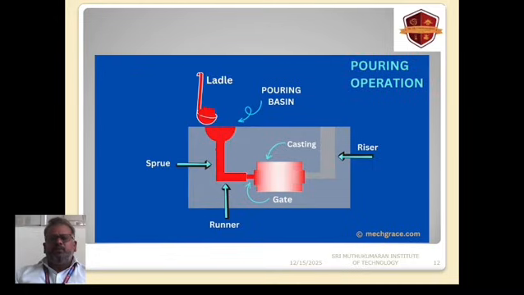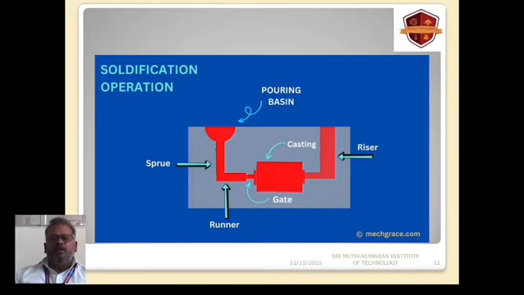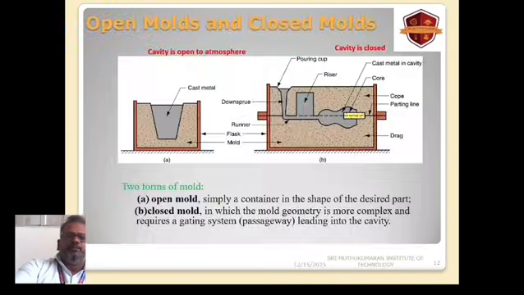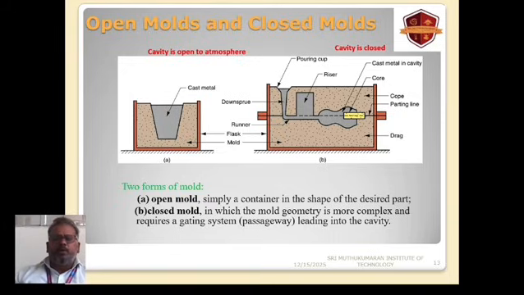Once it is filled, it goes to the riser part. Once it comes to the riser, we stop pouring the molten metal. After that we need to give some time for cooling. After solidification takes place, we remove the part that is produced, by breaking the sand, cleaning it, and then preparing it for further operations.